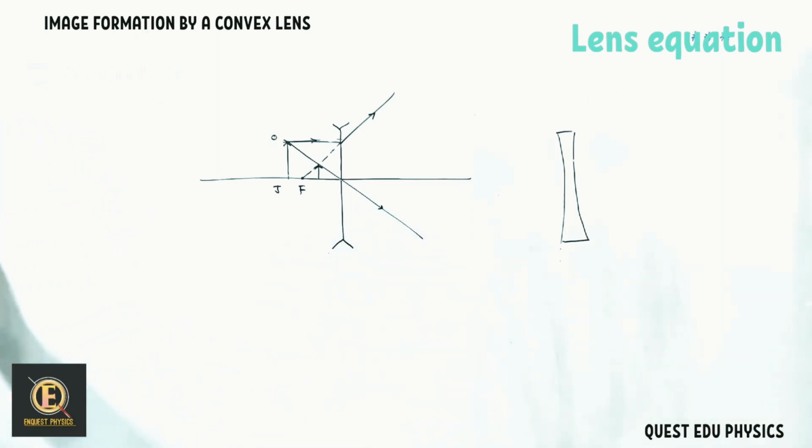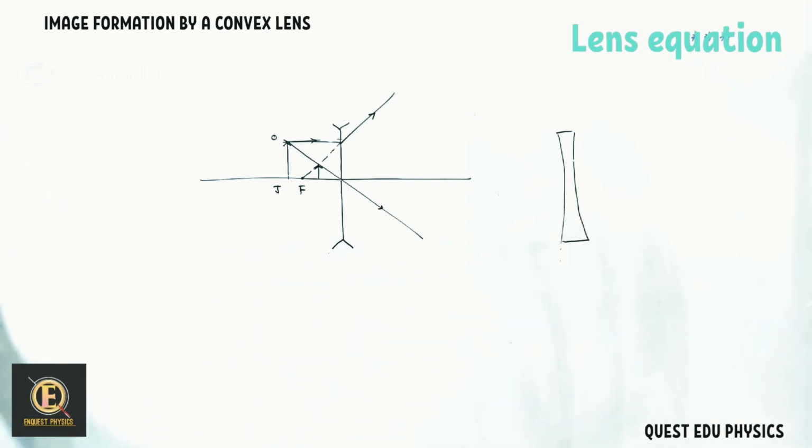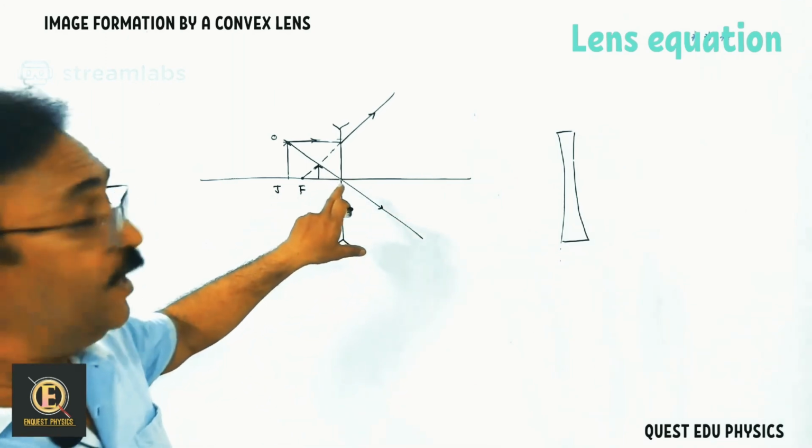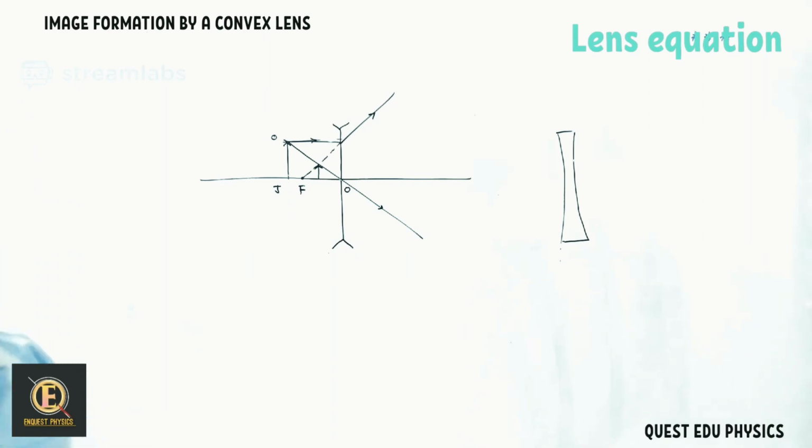Okay, students, if you watch it carefully, it is the erect image, and it is virtual, and also its magnification is less than 1. Wherever you keep the object, you will find the image in between the optic center and the focus.